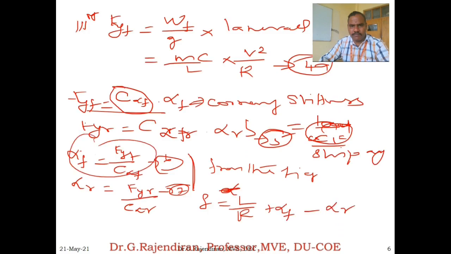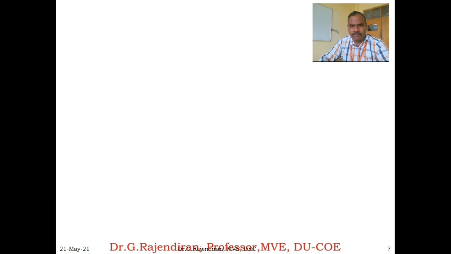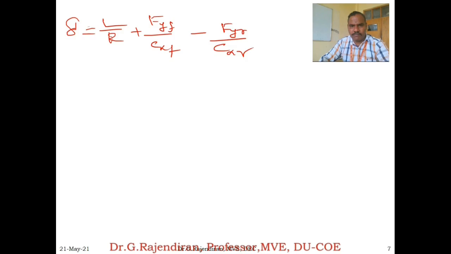When you substitute these values from 6 and 7, this is equation number 8. So delta, the steer angle, is equal to L by R plus FYF divided by C alpha F minus FYR divided by C alpha R. Correct? So FYF is equal to what?